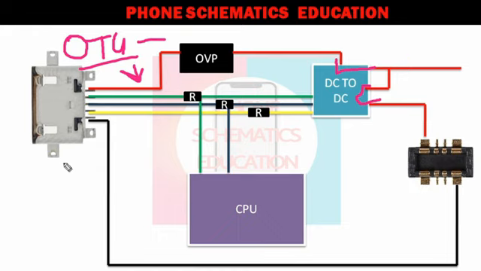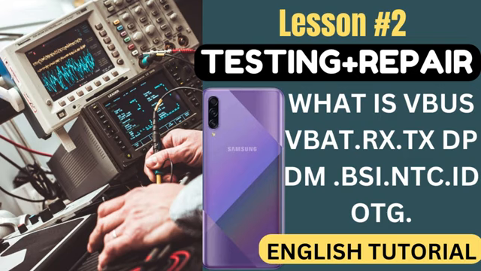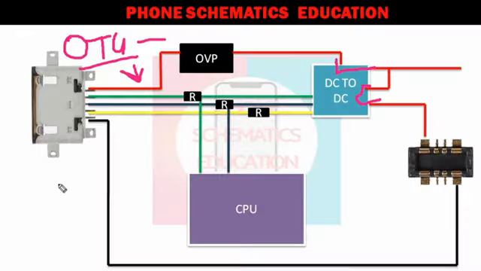So how do these pins work? If you want more information about this charging check, you can watch a previous video and you will have more information about the charging section and the micro USB port.